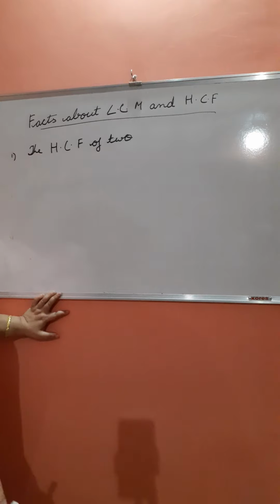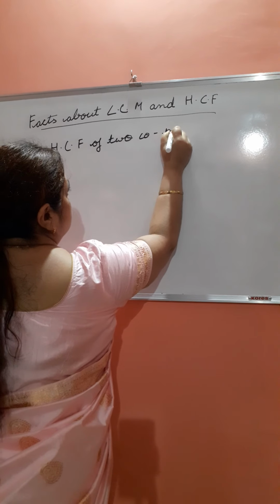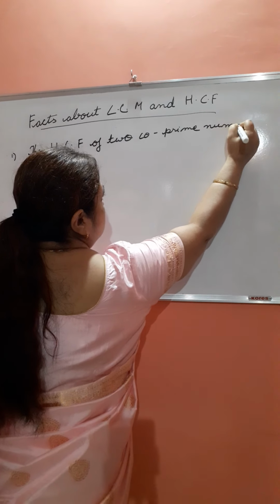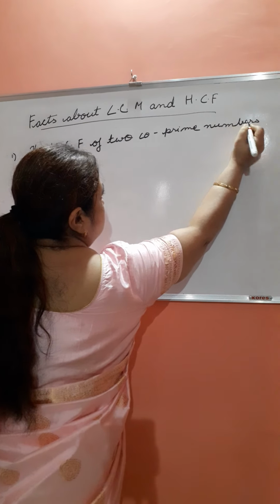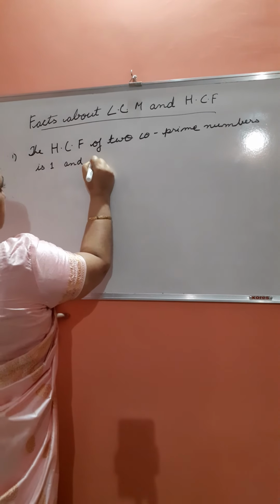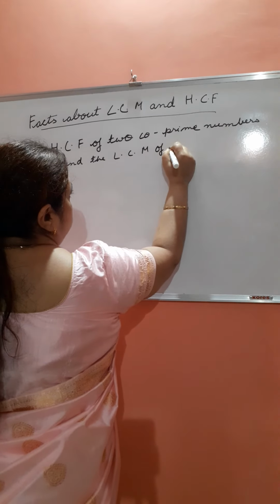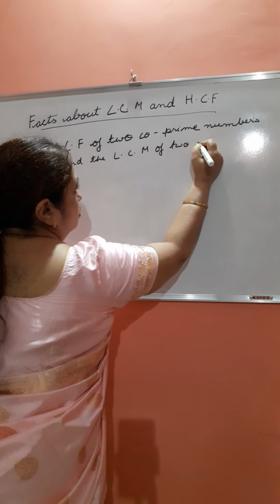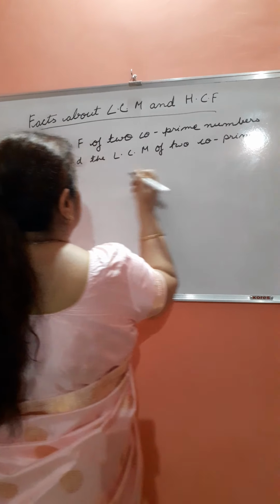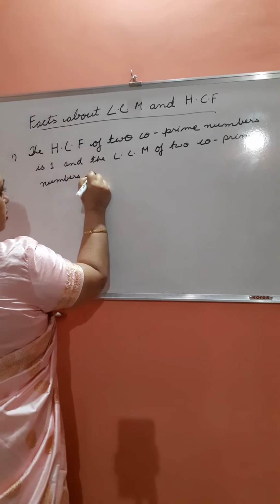See here, the HCF of two coprime numbers is 1, and the LCM of two coprime numbers is their product.